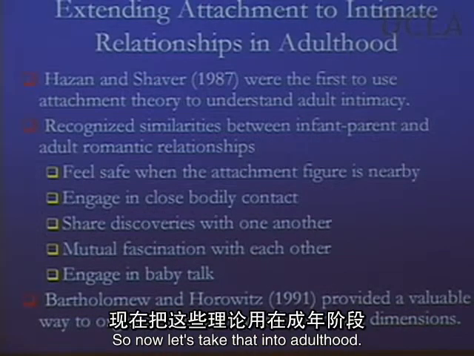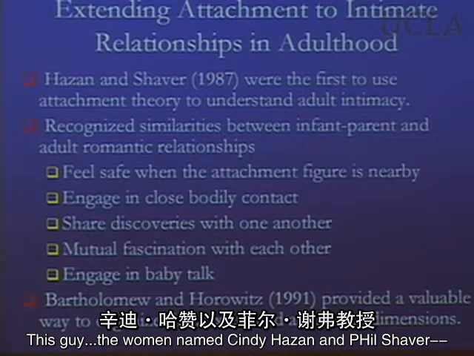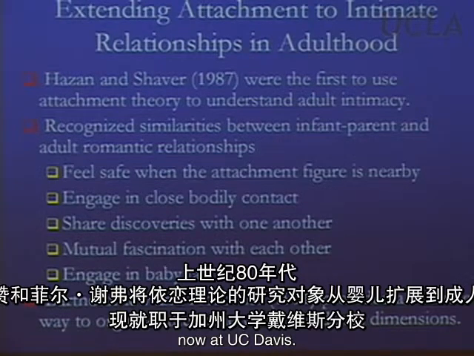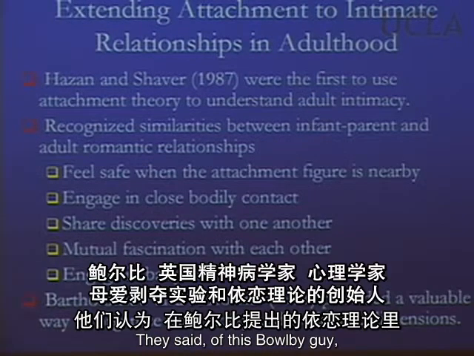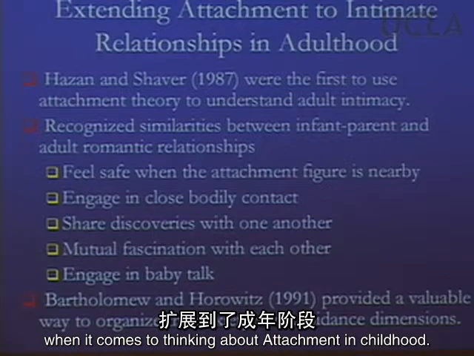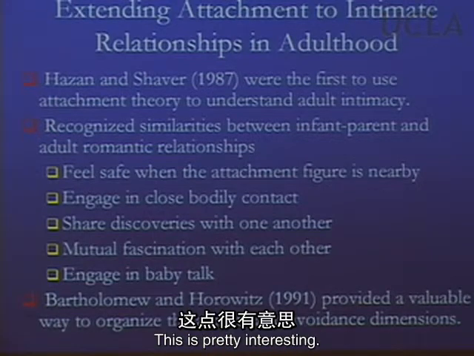So, now let's take that into adulthood. A woman named Cindy Hazan and Phil Shaver, a very prominent social psychologist, now at UC Davis, they said, this Bowlby guy, he's really got it going on when it comes to thinking about attachment in childhood. This is pretty interesting.